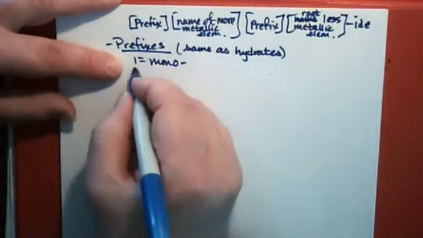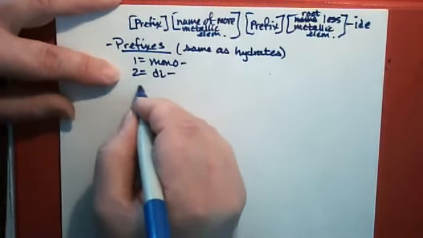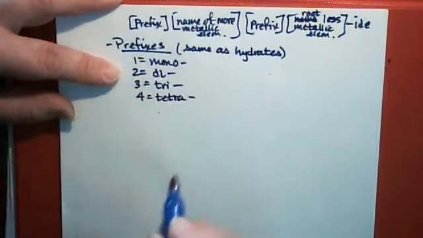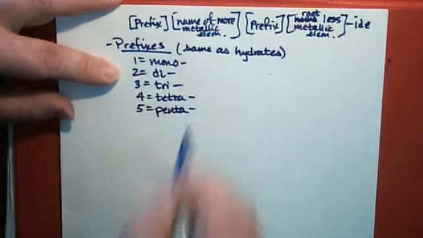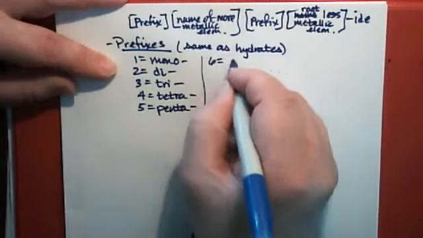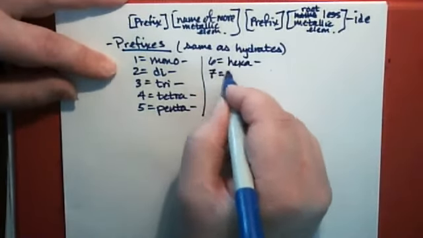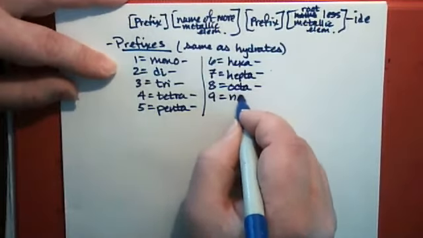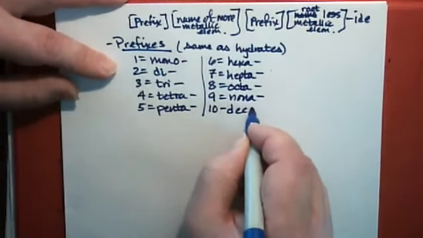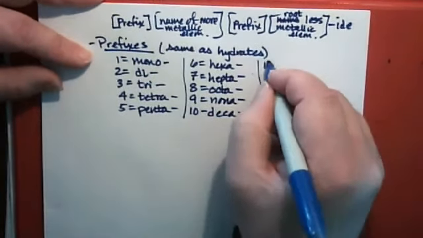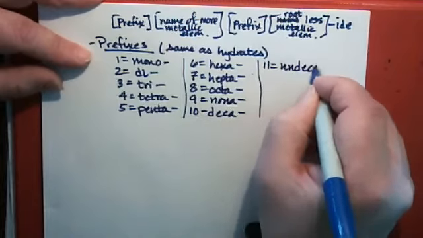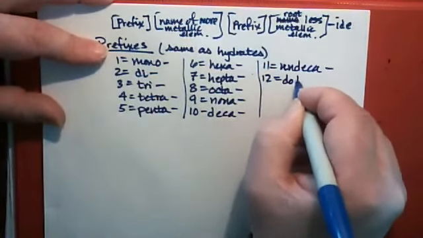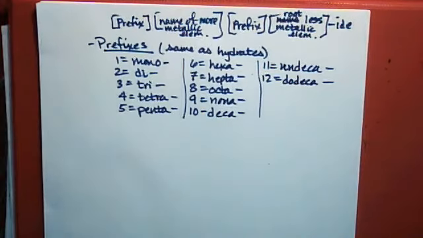So 1 would be a prefix of mono, 2 would be a prefix of di, 3 would be tri, 4 would be tetra, 5 would be penta, 6 would be hexa, 7 would be hepta, 8 would be octa, 9 would be nona, 10 is deca, 11, if you really want to go that far, and we do once in a while, would be undeca, and 12 is dodeca, and we're definitely not going to go any further than that.